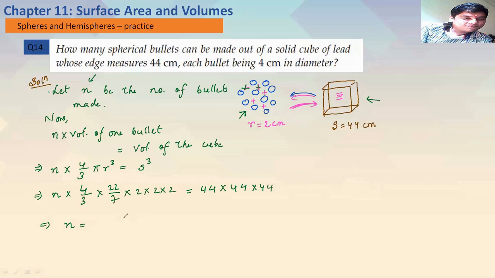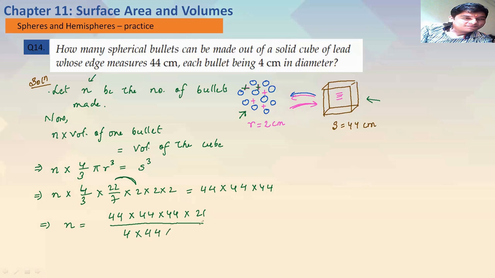Transpose everything. So we have 44 times 44 times 44 times 21. You understand how 21 comes, right? 7 into 3 over here. Can we write this 22 into 2 as 44?